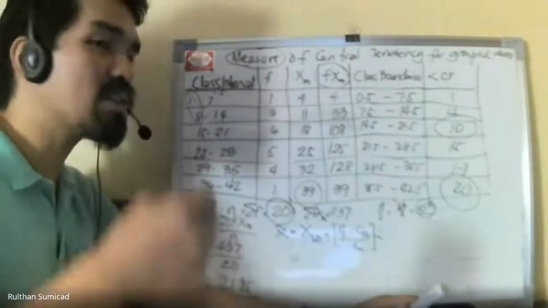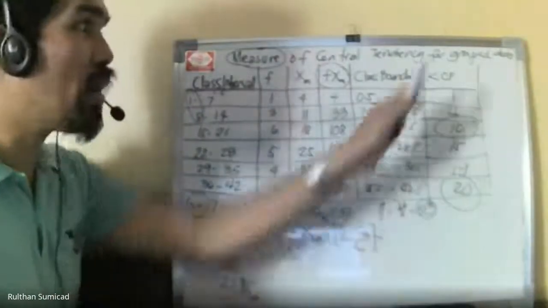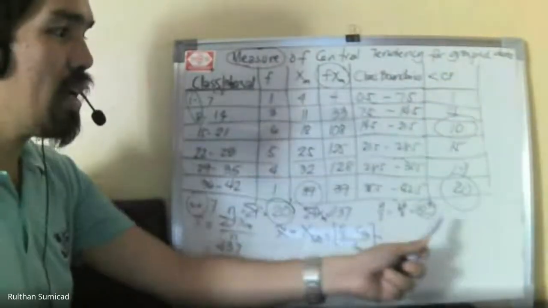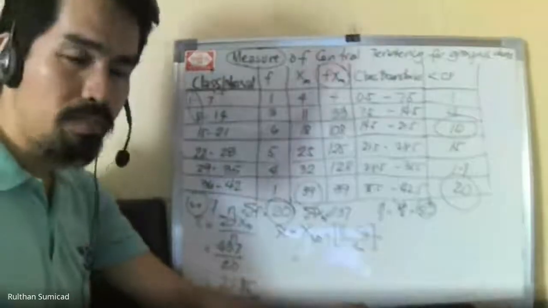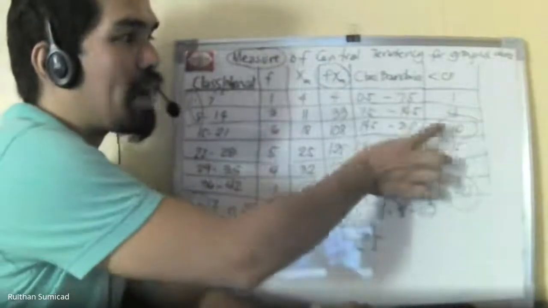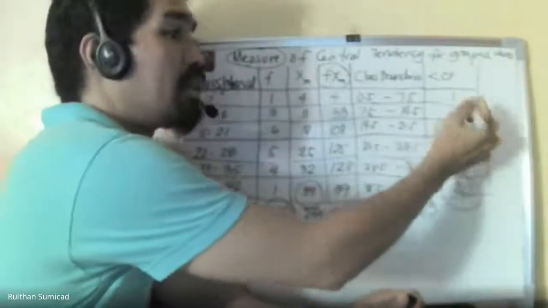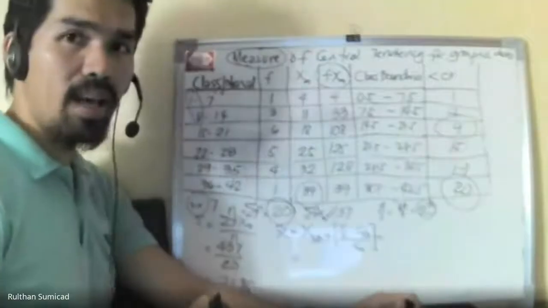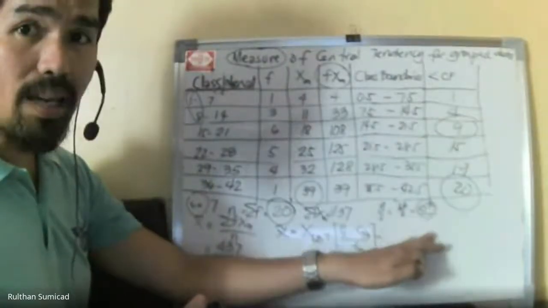Again, I'll repeat, it's the next closest score in your cumulative frequency where you will locate the median value. So for example, you're looking for 10, and what you have here, for example, is 9. So of course, our n divided by 2 is 10.